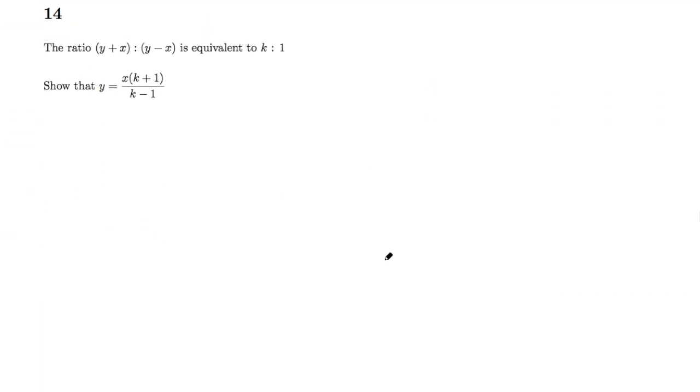Okay, question 14 says the ratio y plus x to y minus x is equivalent to k to 1. Show that y equals x bracket k plus 1 bracket over k minus 1. The first time you read this question, you might start thinking, what is this talking about?